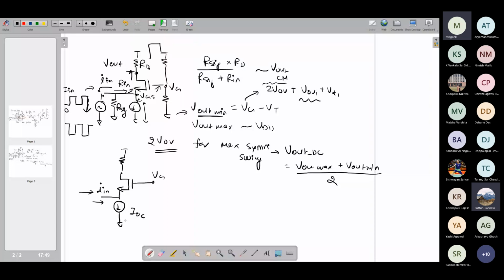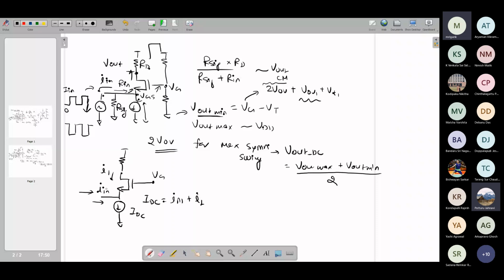This IDC must be whatever is your net current flowing down. This must be equal to I in plus whatever is the total current flowing into the MOSFET. So let me call it I1. This is not just the AC, this is the total net current. I in is the small signal current, and I1 is the net current of the MOSFET. So I1 plus I in must be equal to IDC.